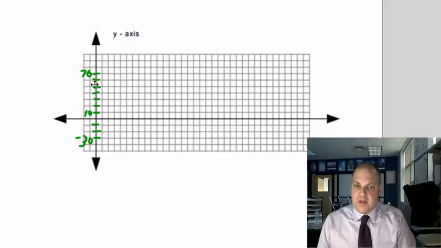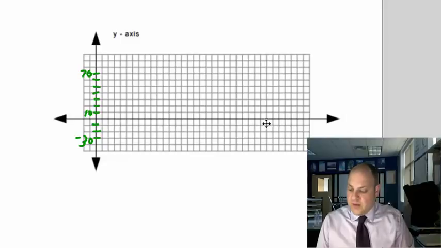So the y-axis is the temperature. The time, 30 minutes. So we're going to go to 30. We'll go by ones. 1, 2, 3, 4, 5.